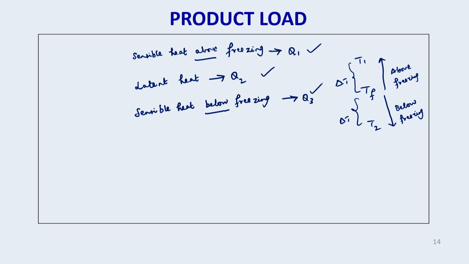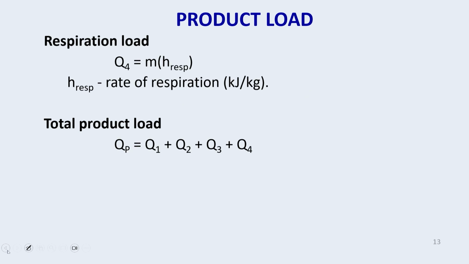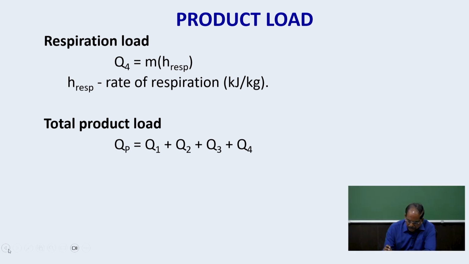And there is one more load: the respiration load, for a live product. What is a live product? Respiration load is Q4: the mass of the product multiplied by the rate of respiration, in kilojoule per kg.